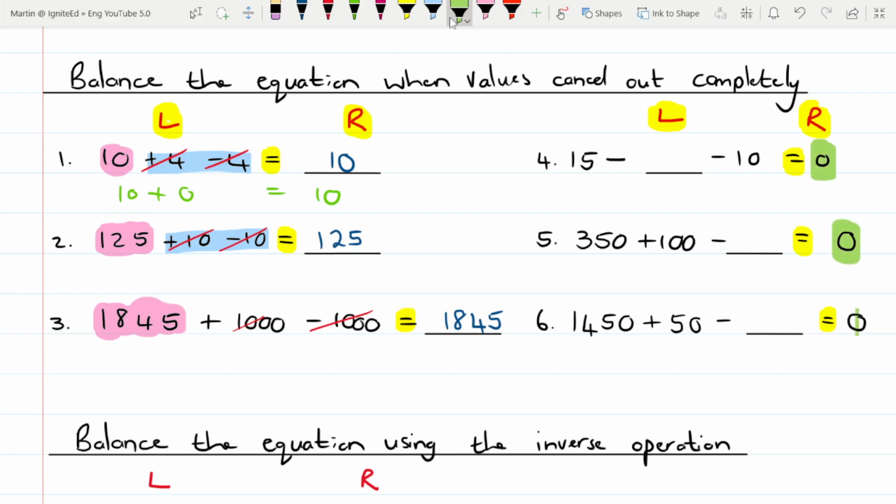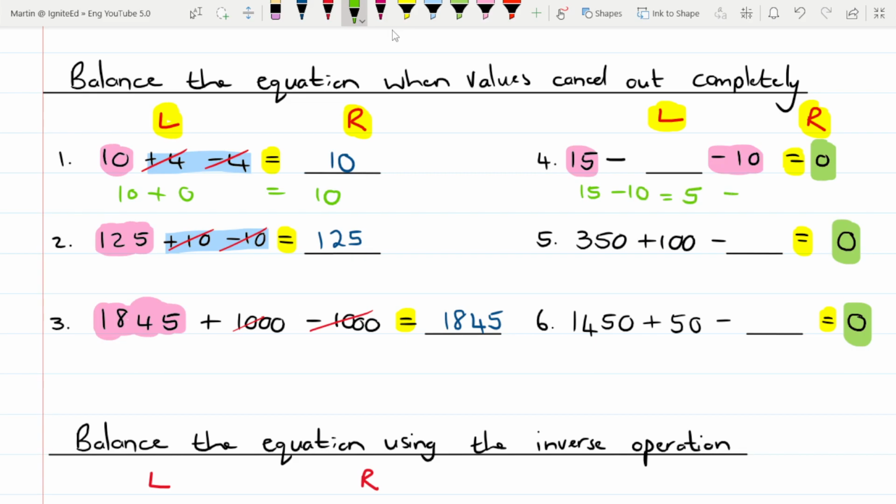Now this is the most important part for all of them. We know that whatever operation we do on the left-hand side, our answer has to be 0, right? So the question here would be, take everything that you know, which is we've got a 15 and we've got minus 10, and work with that to determine what the outstanding value is, right? So we've got 15, we subtract 10, which gives us 5.